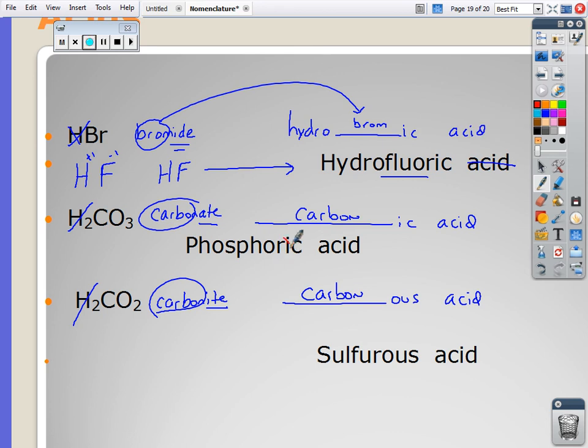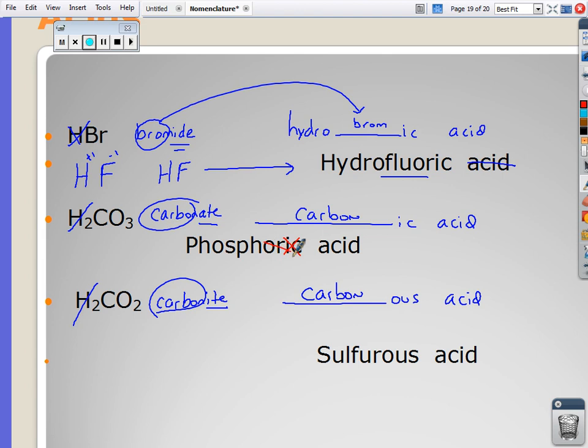So this turns into phosphate. The word acid was the hydrogen, so I'm going to write it here. So H. Phosphate is PO4. This is +1 and -3. So the compound's written H3PO4.